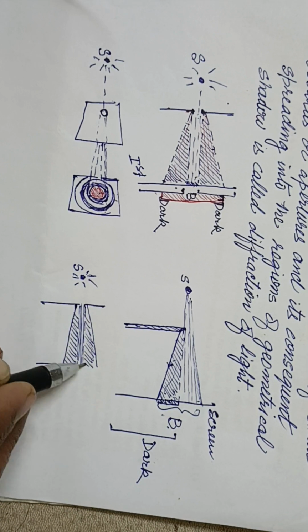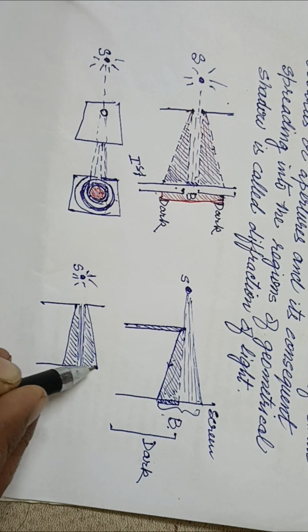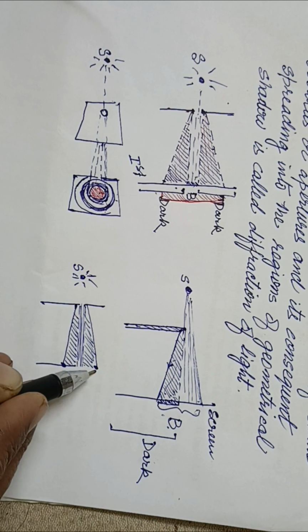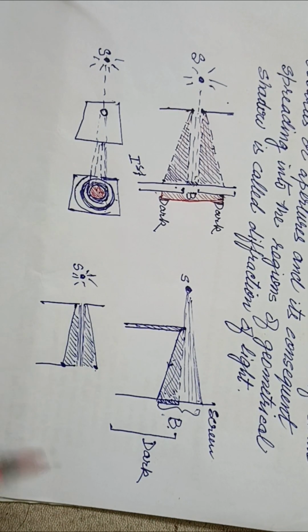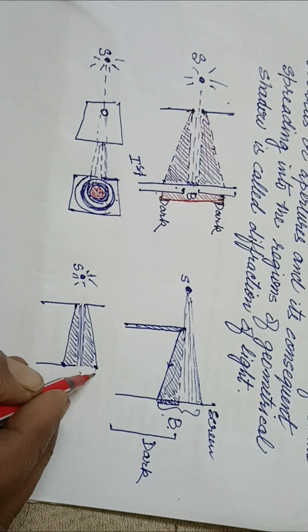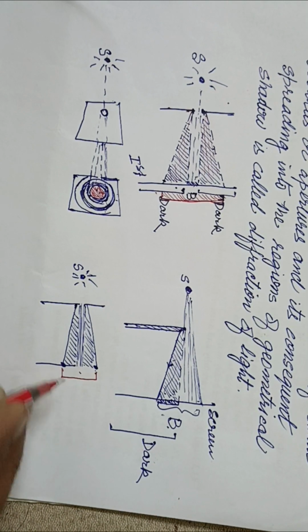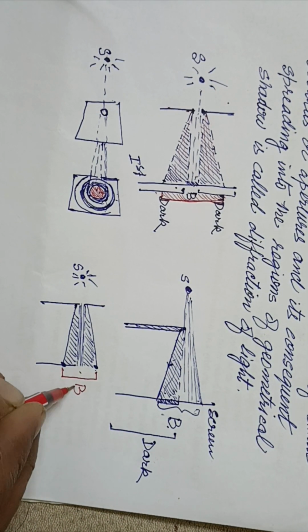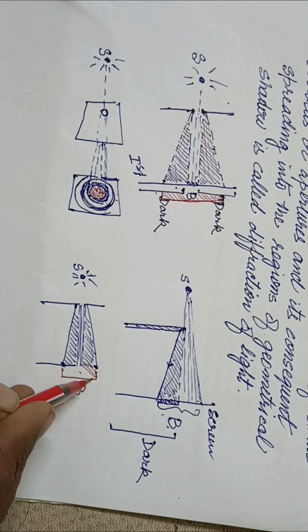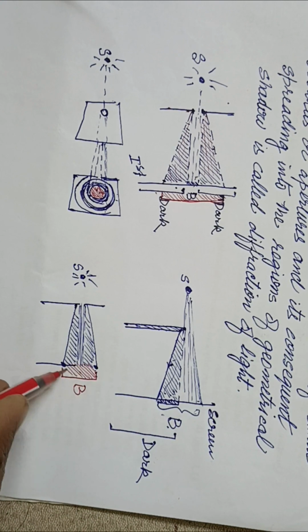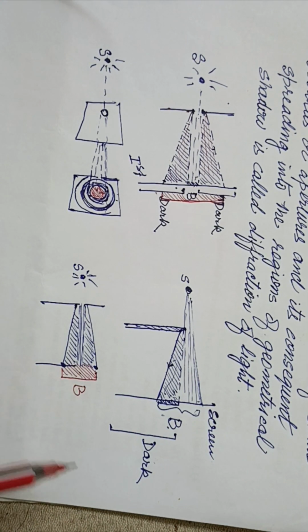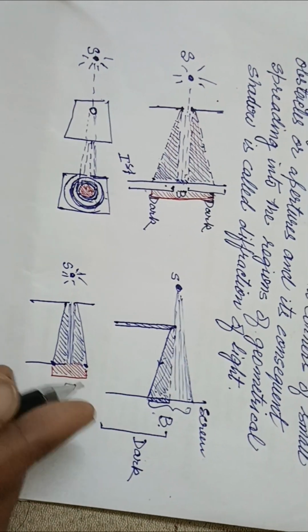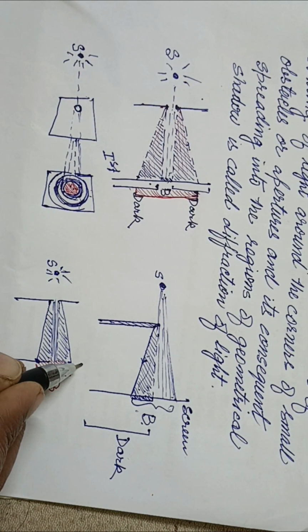So overall from here to here you will get a bright patch, which is the bright region, called the central maxima portion. This is the central maxima, the brighter one, and after that you will get a dark portion like this.